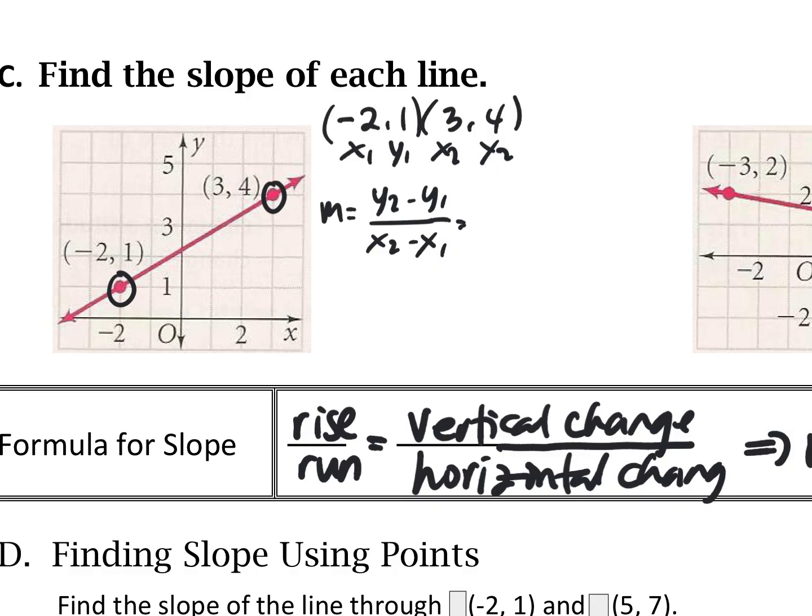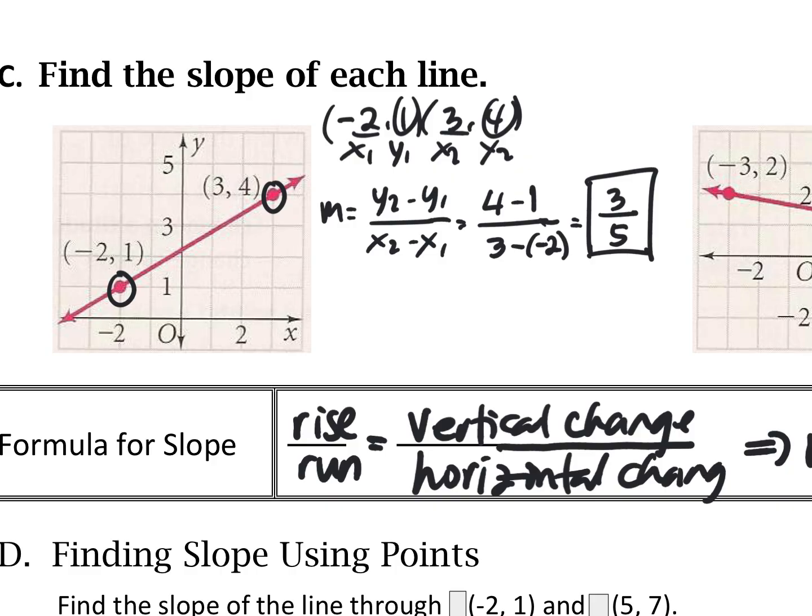So in this case, this is going to be 4 minus 1, and your x is below. That's going to be 3 minus negative 2. So 4 minus 1 is 3 over 3 plus 2, which is 5. So the slope of this is 3 over 5.